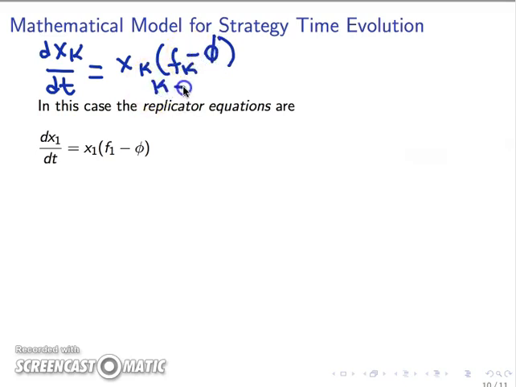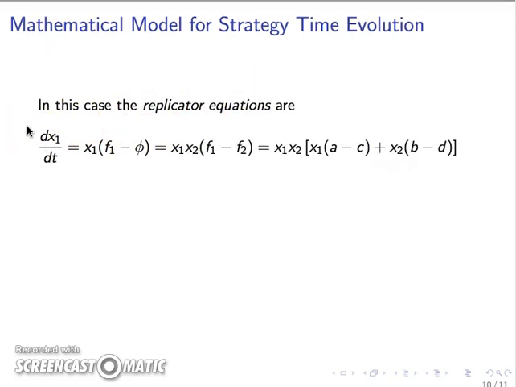Here k is going to take values 1, 2, and all the way to, say, n. This is the general form of this mathematical model for a theoretical game with n strategies. But in this case, we have only two strategies.